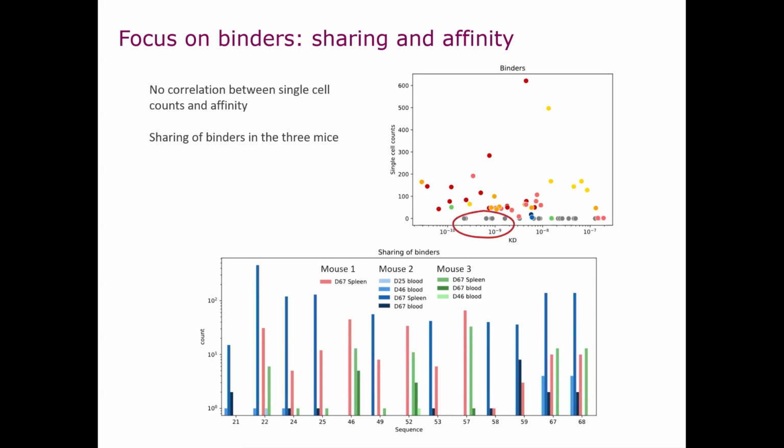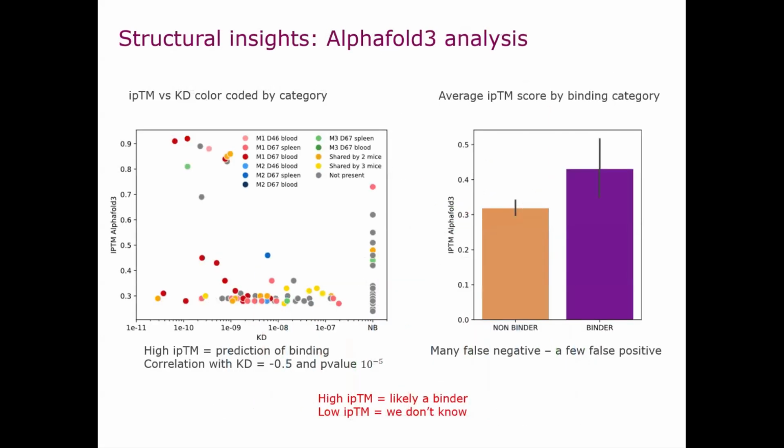Then, since we had this dataset, this list of monoclonal antibodies with all the KD, we decided to investigate the software AlphaFold 3 and check whether it was capable of distinguishing between binders and non-binders, using as input the antibody, so the heavy and the light chain, but also the antigen, that of course we knew.